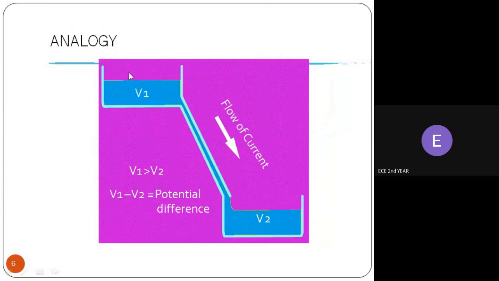In the same way, the current will flow from the point V1 to V2.